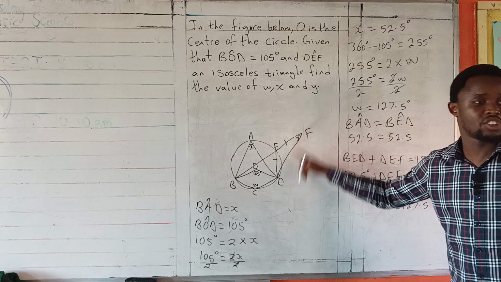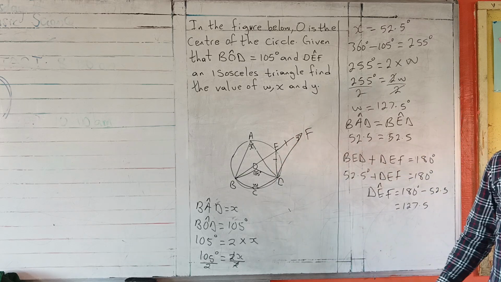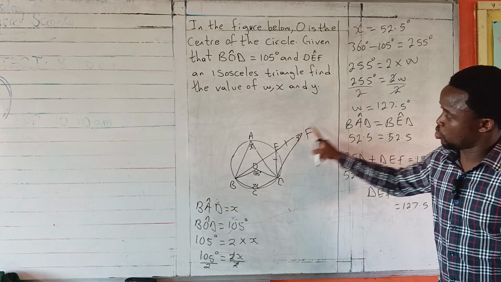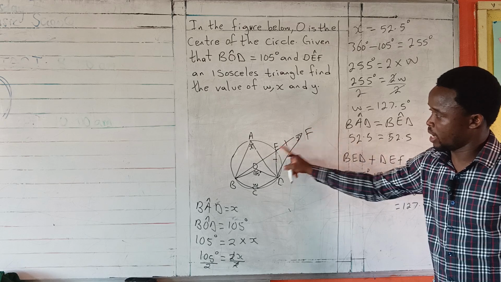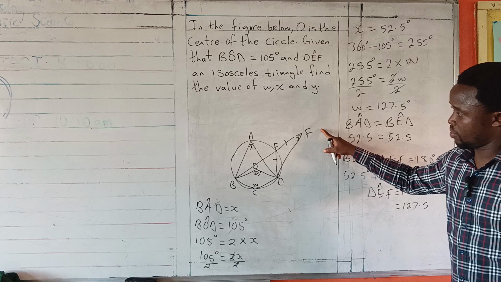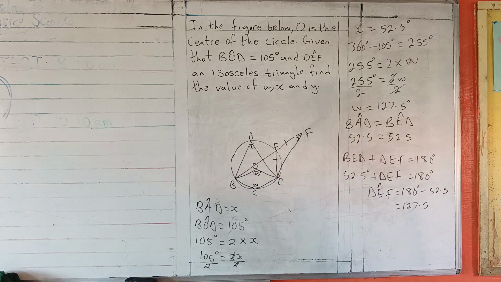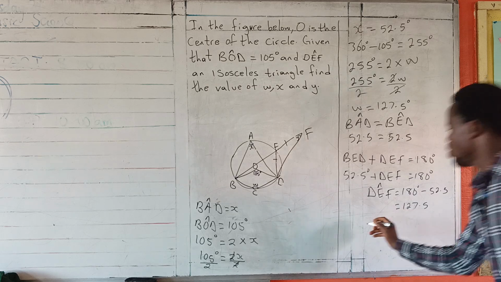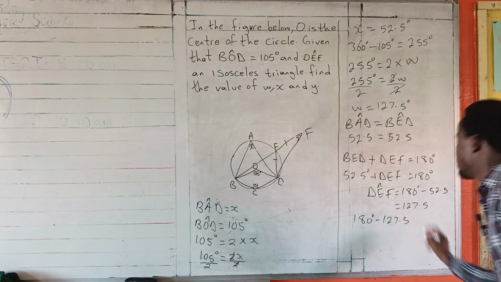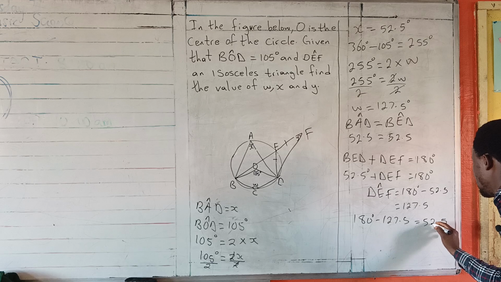Since this is an isosceles triangle, two angles are always the same. DE is equal to EF, so angle EDF must be the same as angle EFD. So we do 180 degrees minus 127.5 degrees, which gives 52.5 degrees.